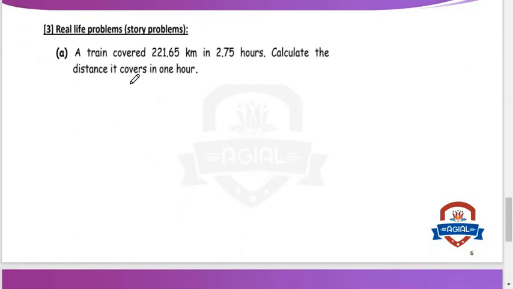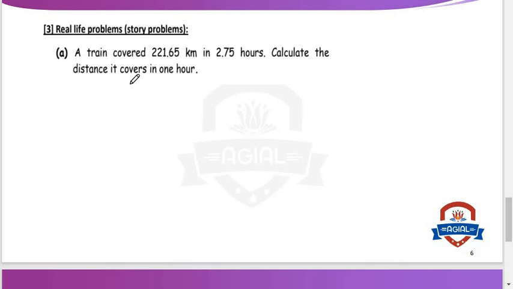Here, a real life problem. A train covered 221.65 kilometers in 2.75 hours. Calculate the distance it covered in 1 hour. Okay, this train covered 221.65 kilometers in 2.75 hours.